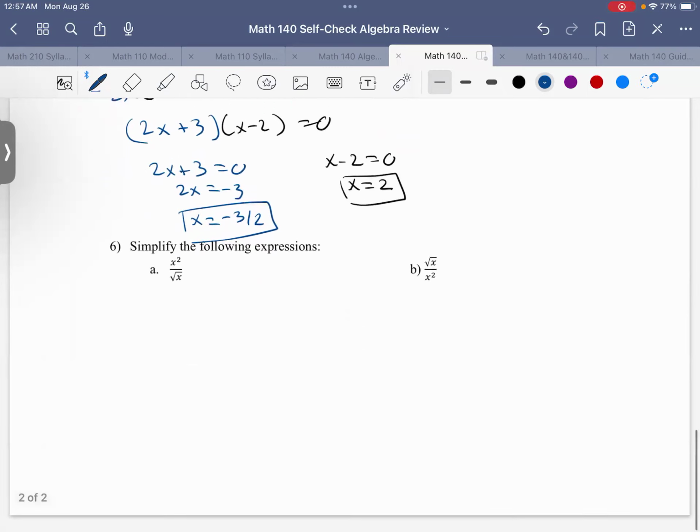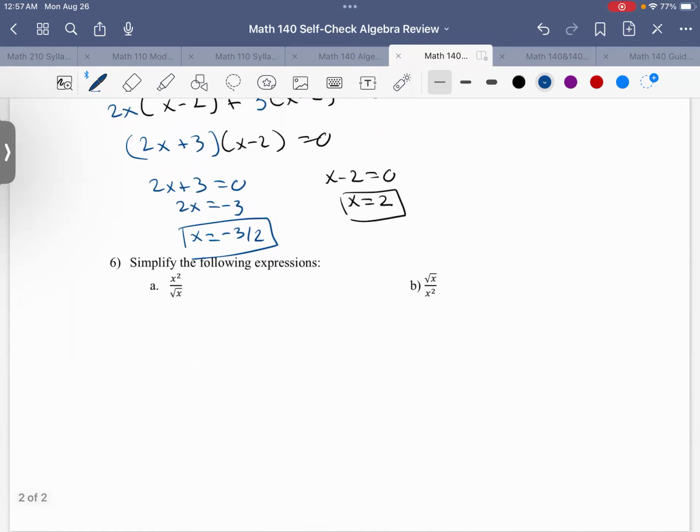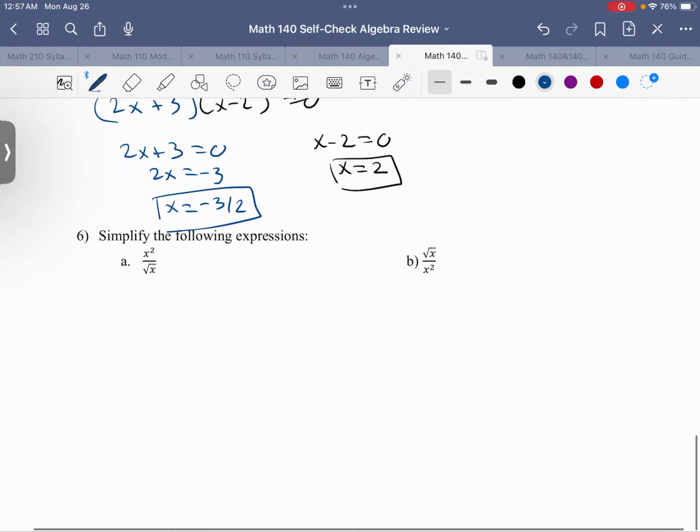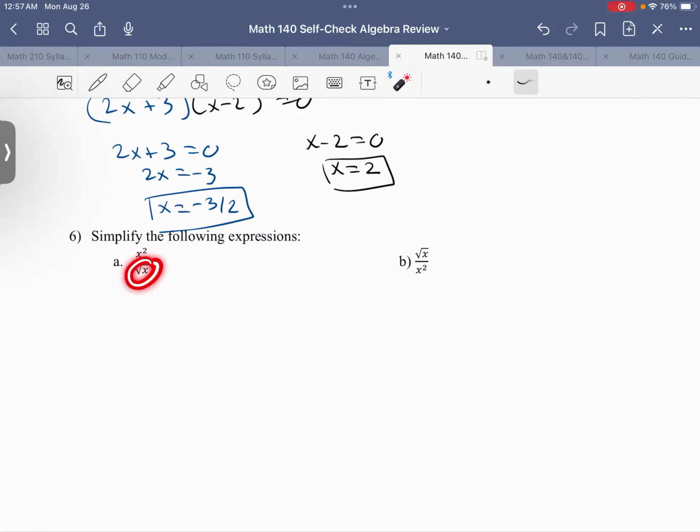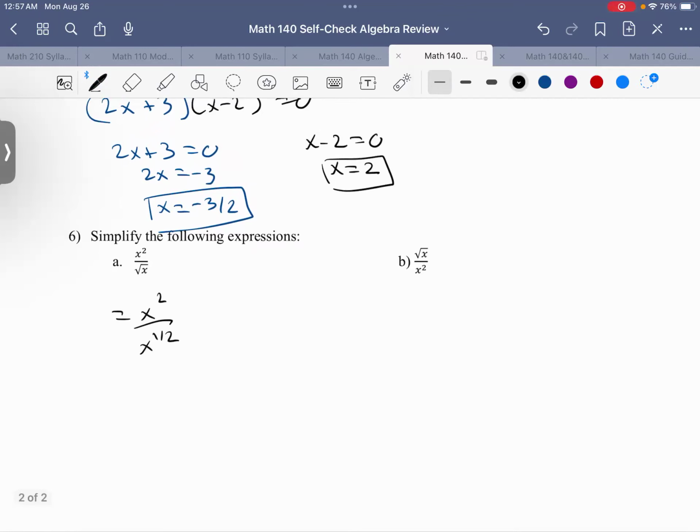Last thing, we're just going to simplify some expressions. Recall that square root of x becomes x to the 1/2. So it would be x squared over x to the 1/2. When you're simplifying exponents, you're really just subtracting them like this.